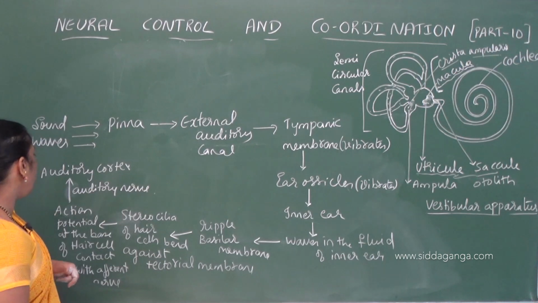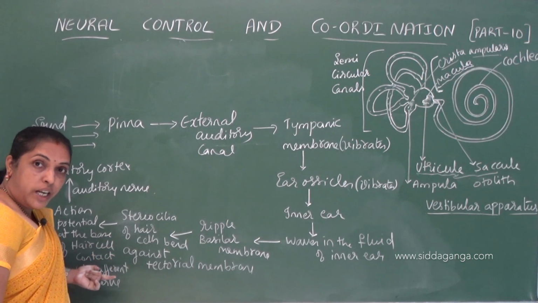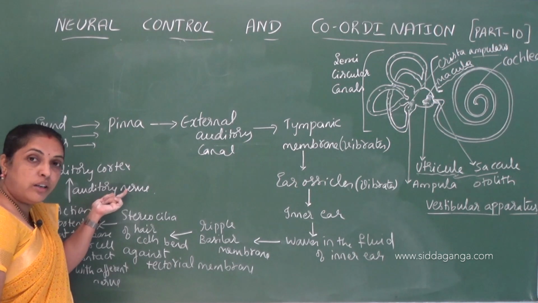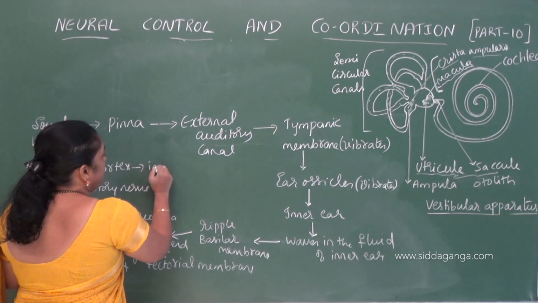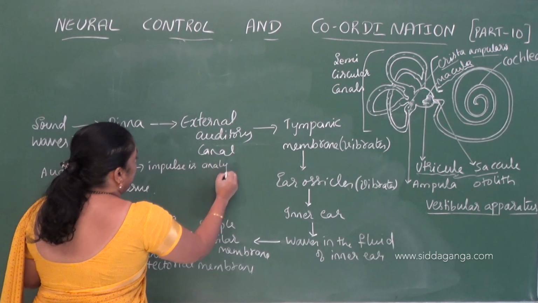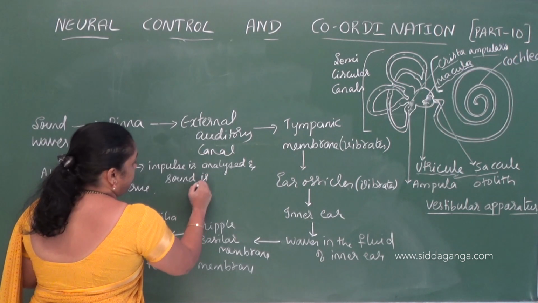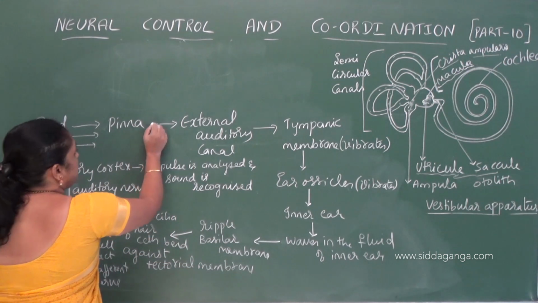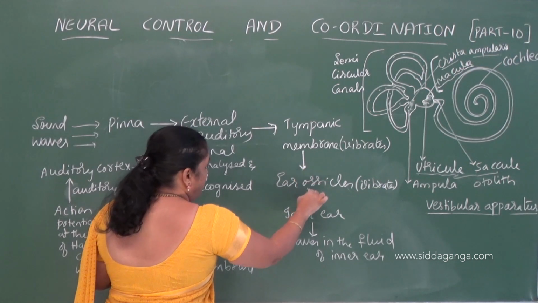Impulse generated in the afferent nerve is carried to the auditory cortex through the auditory nerve, where the impulse is analyzed and sound is recognized. Understood? This is a schematic representation of the mechanism of hearing.